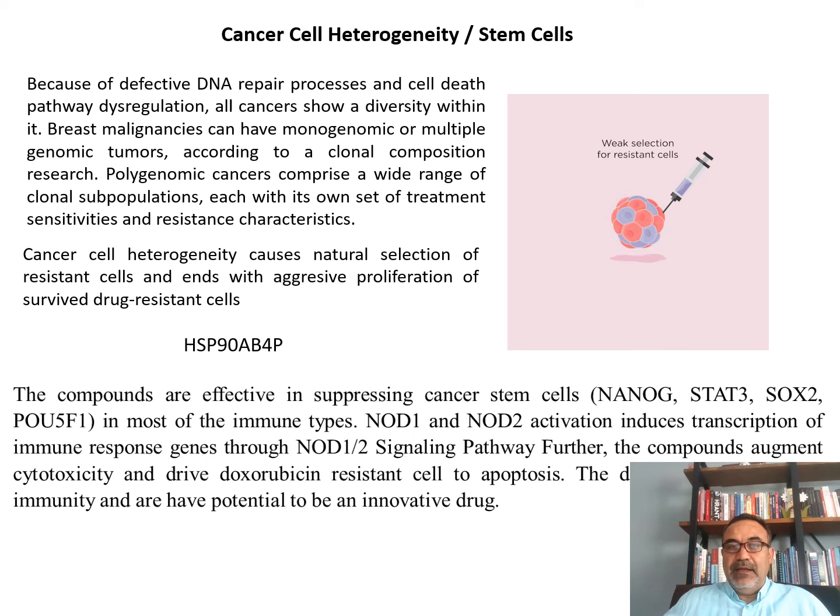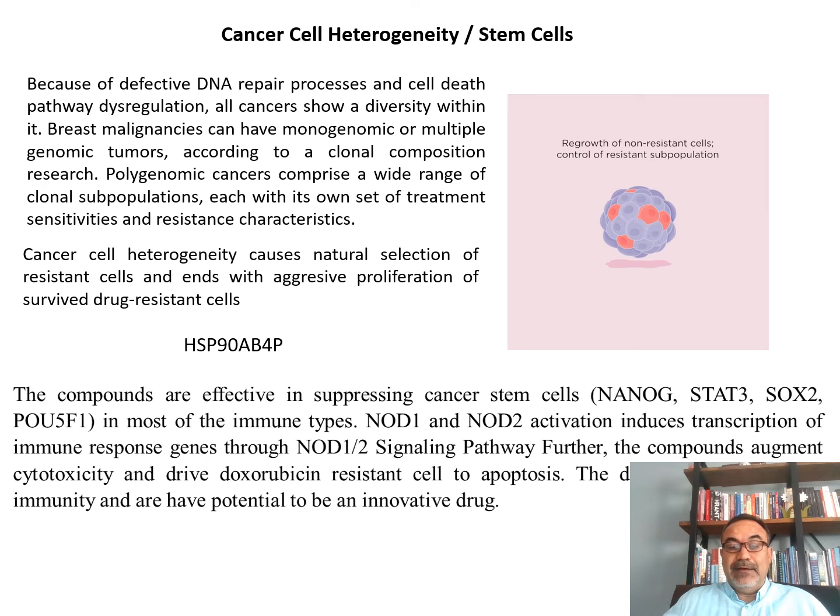Even though you inhibit the cancer cells, these stem cells proliferate the cancer cells, and that will decrease the efficiency of the drug or compound that we designed. That's why we insist on working on these cancer stem cells, and our compounds are effective in inhibiting breast cancer stem cells.